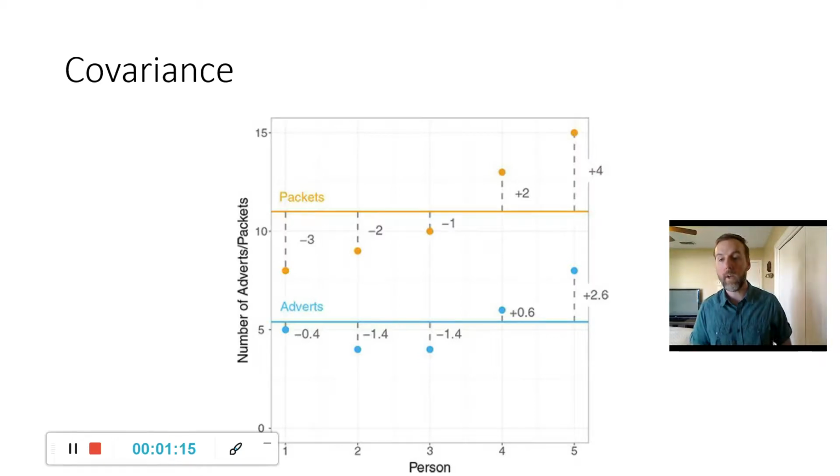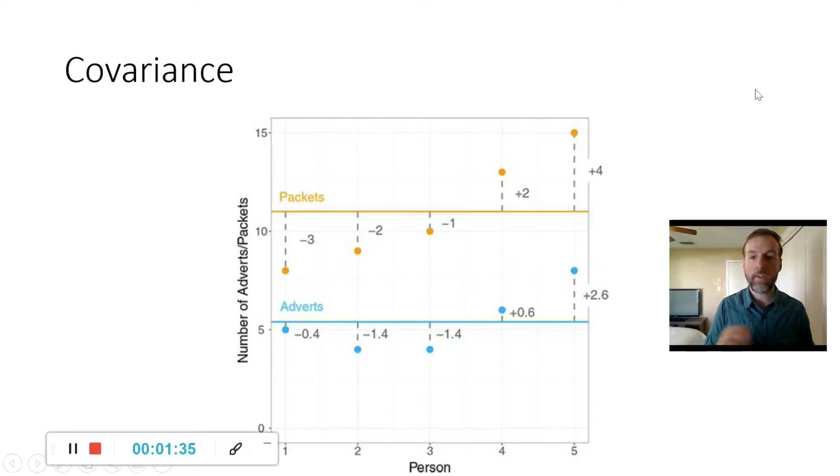So first of all, let's talk about covariance, the idea of two variables varying together, which is in essence what we're looking at with a correlation. We're looking at the variance between two variables and how commonly they covary.